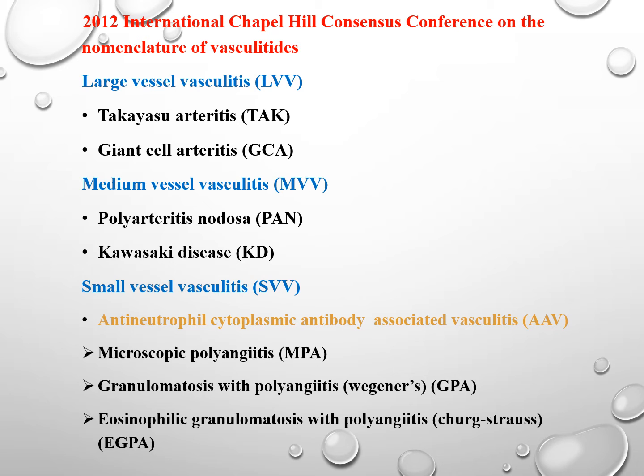You know that large vessel includes Takayasu and giant cell, medium-sized includes polyarteritis nodosa and Kawasaki, and the small vessel vasculitis is divided into ANCA-associated vasculitis with its subtypes, with the nomenclature changing from Wegener granulomatosis to GPA, or granulomatosis with polyangiitis, and from Churg-Strauss into EGPA.